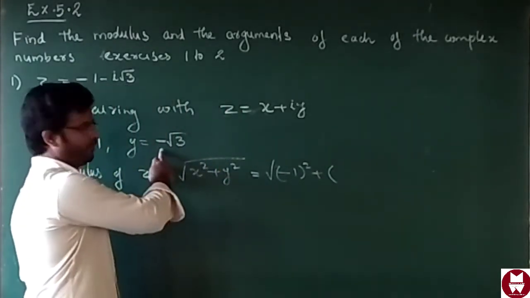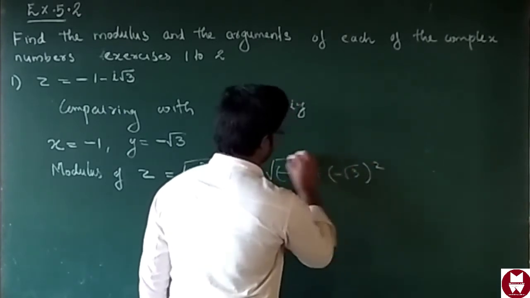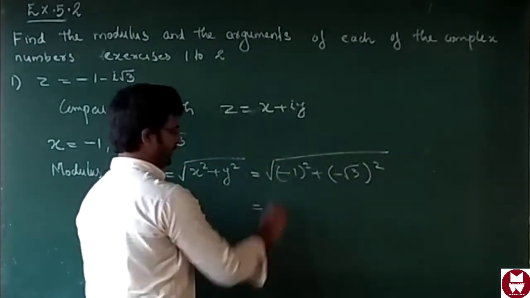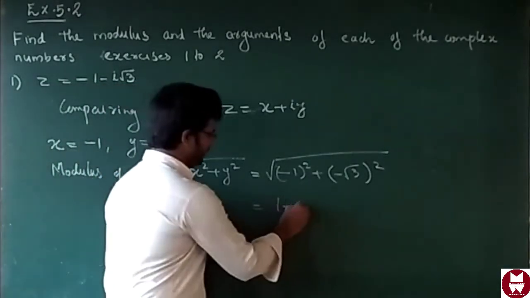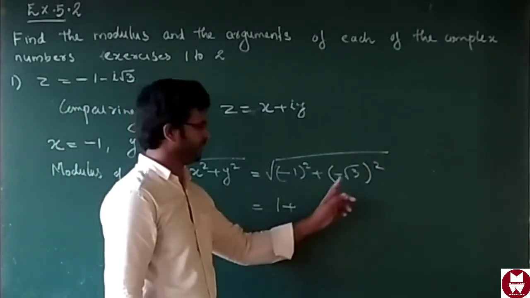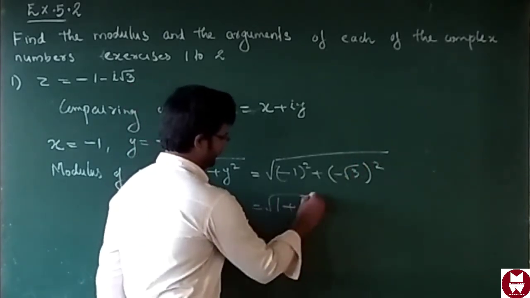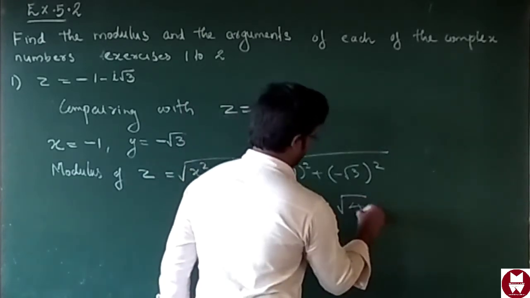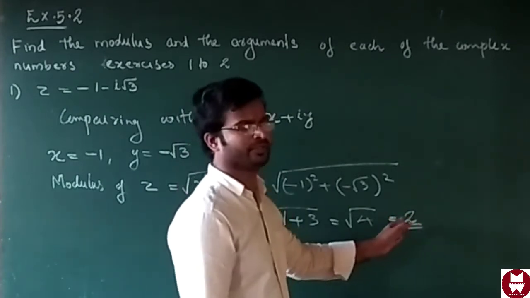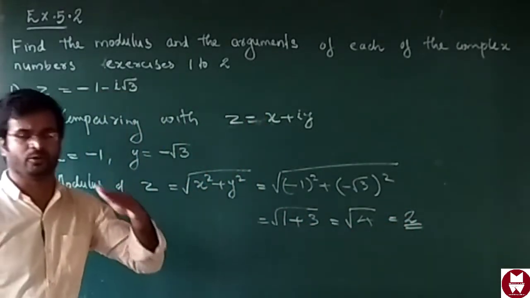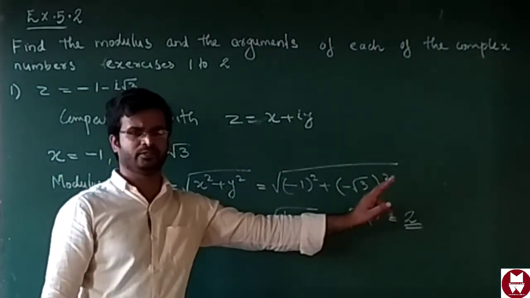Y square means minus root 3 whole square. -1 whole square is 1, -1 into -1, 1, plus minus root 3 whole square. Minus square will be plus, root 3 into root 3, that will be 3. Equal to the square root of 4, equal to 2. Use only plus 2, because the modulus of z means the distance between the origin and that point, isn't it? Then always use positive, don't use negative.